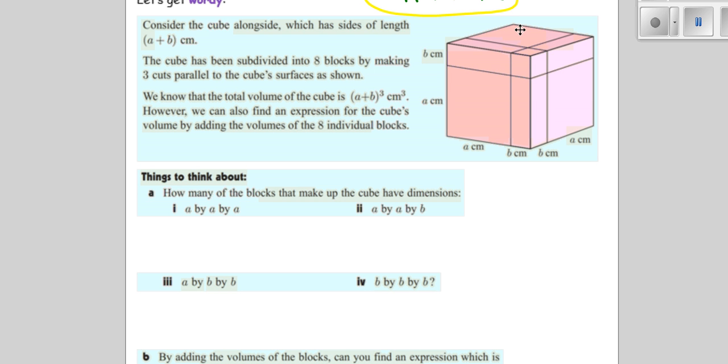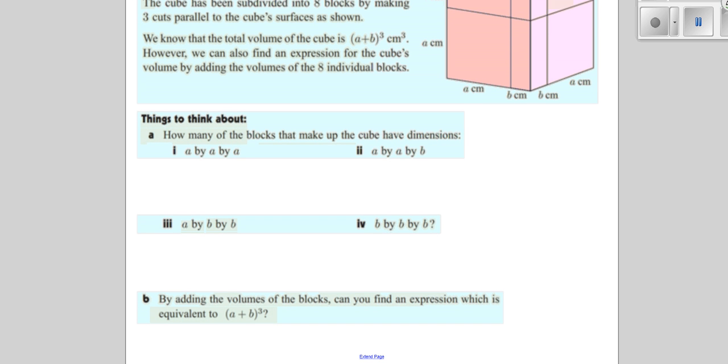It can't be that one, because that one's going to be a by b deep. So I think it's the one right at the far back that we can't see. It's still just one though. Let's just write where it is. I was going to shade it, but we can't. One at the very back, at the very back and bottom.